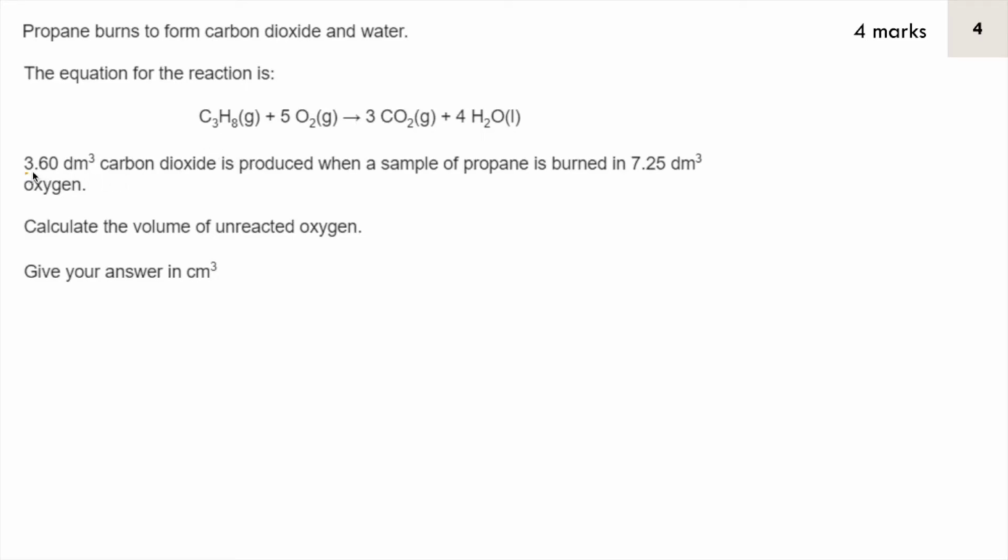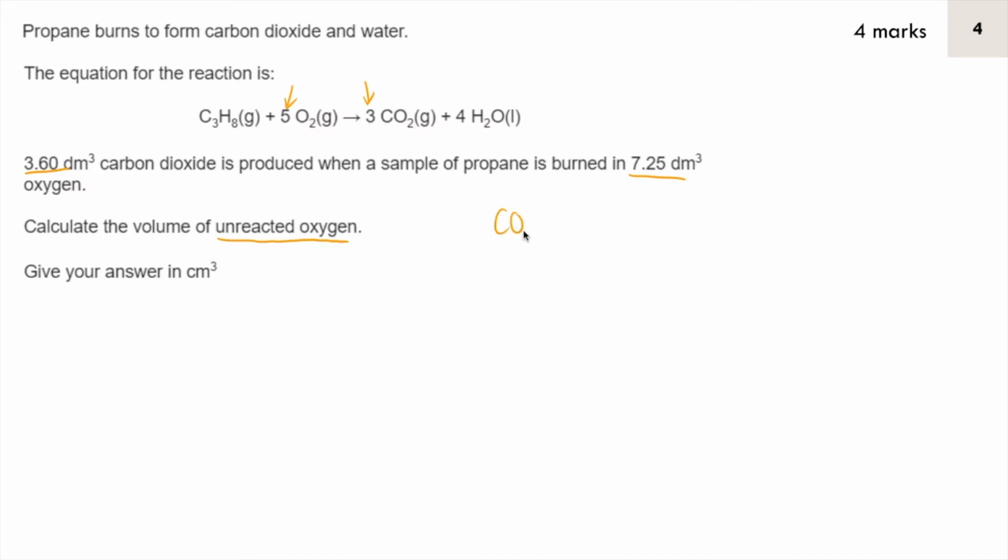Okay, so we've got a volume of carbon dioxide that is made, and we've got a volume of oxygen that was burned, but we can see that was in excess because there's some unreacted oxygen. So to find out the exact amount of oxygen that reacted, we can use the volume of carbon dioxide we've been given and the mole ratio of carbon dioxide to oxygen.